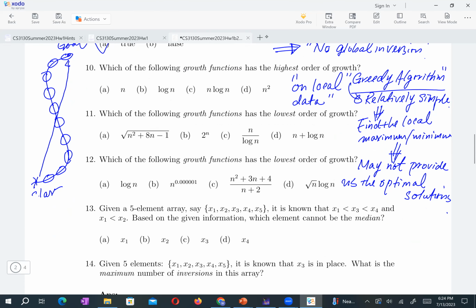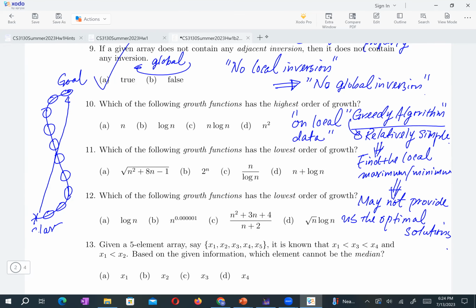Then number 10, those 3 questions, if you use my hand, very easy. Highest order, order 2. The first one is order 1 plus epsilon. Remember epsilon is greater than 0 and less than D, and D could be any small positive integer.